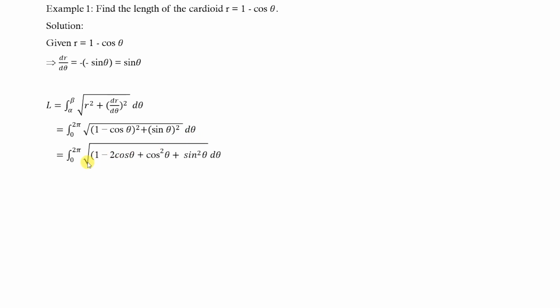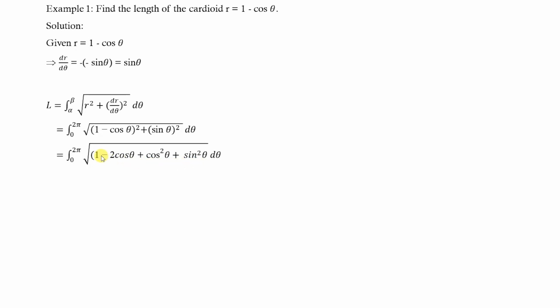Expand using the (a minus b) whole squared formula. (1 minus cos theta) whole squared is 1 minus 2 cos theta plus cos squared theta, plus sin squared theta. We know that cos squared theta plus sin squared theta is equal to 1.